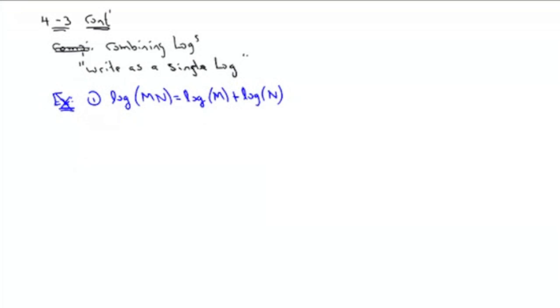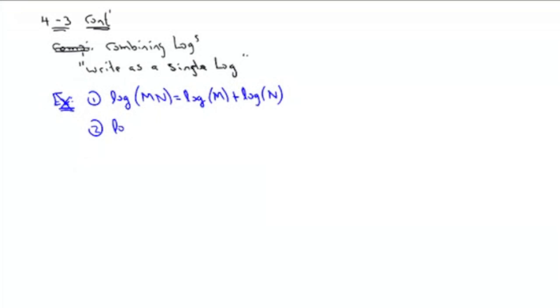The log of a product becomes the sum of their logs. And remember, equal signs go both directions. If they're together, you can separate them. If they're separated, you can bring them together. So it goes in both directions, even though most people read it left to right.